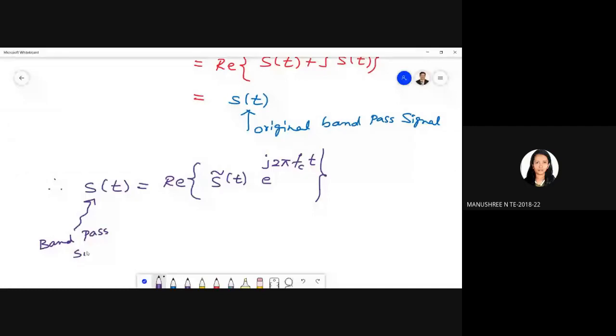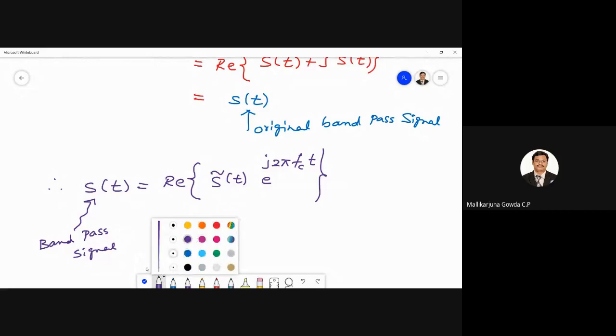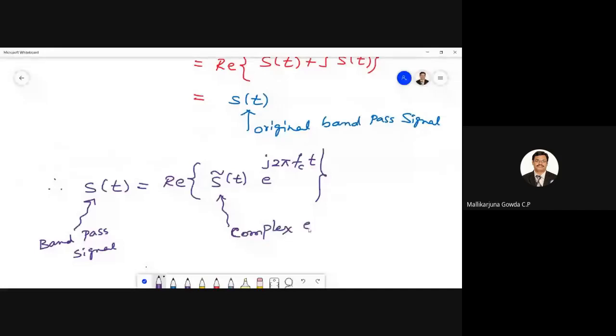Sir, can you scroll up, sir, a little? Yeah, I will scroll up. So I will just complete this. So I said this is my what? Yeah, this is my complex envelope of the band pass signal.